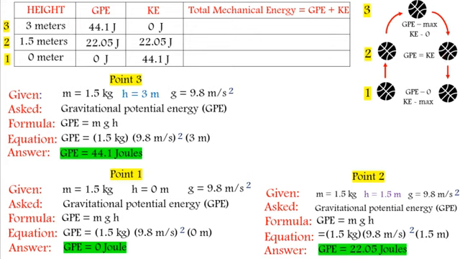Knowing the GPE, we can also know the value of KE. And since we already have the GPE and KE, it is now easy for us to determine the value of total mechanical energy or TME. All we have to do is get the sum of the two energies, GPE plus KE.